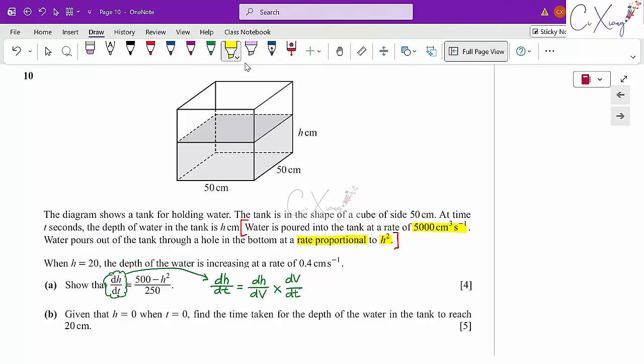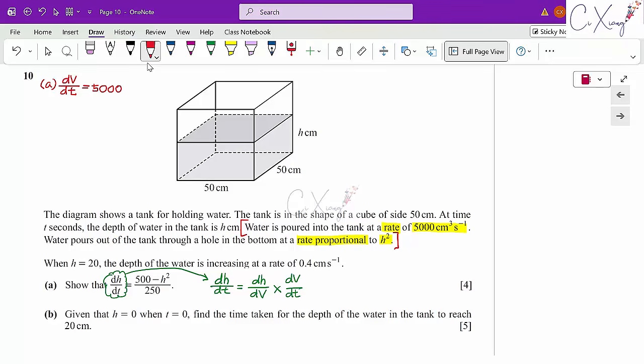So they are talking about the rate of volume increasing, right? Therefore, for this particular sentence, if you try to write out your equation, you'll be having dv over dt. They are talking about the rate of change for the volume. All right, and basically it is 50,000 cm cube per second.